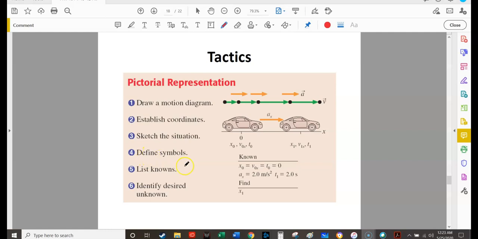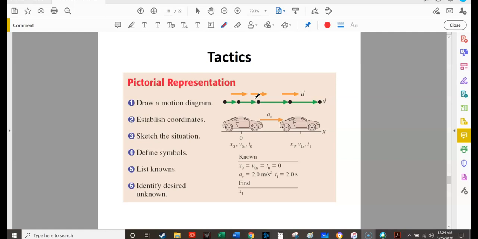And then we're going to define our knowns and our unknowns, and list those out. I also like to list our equations of motion, and see what variables we have to work with, and that way we can figure out what to use. By doing all this, we'll keep in mind the direction of our velocity vectors and acceleration as being positive or negative or even 0 at any point.